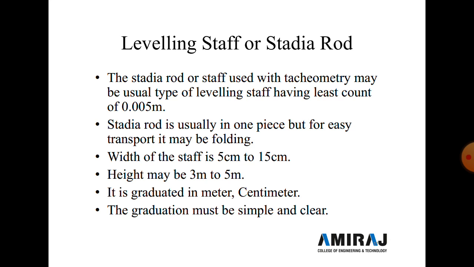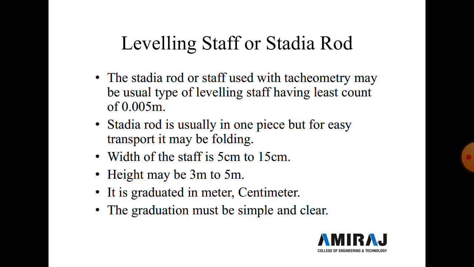Now the second instrument we use in a tachometry survey is a leveling staff or a stadia rod. Both are used for leveling purposes. The stadia rod or staff used for tachometry usually has a least count of 0.005 meter, meaning the least count is 5 mm.